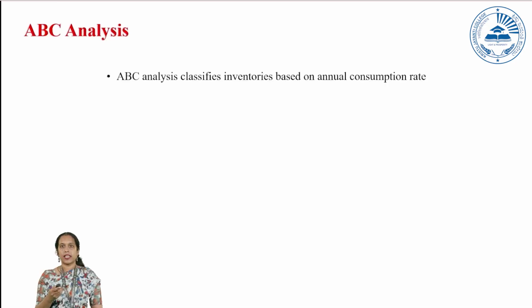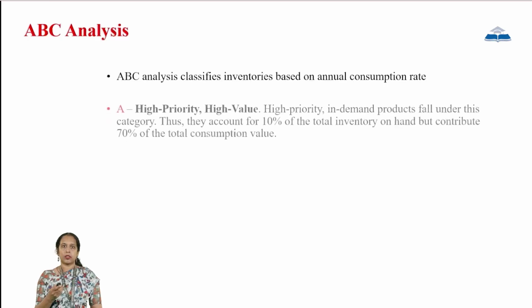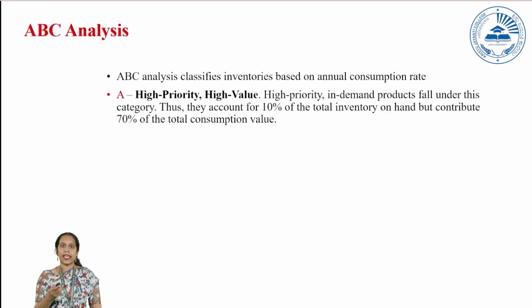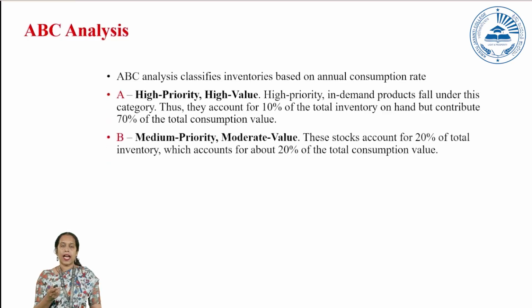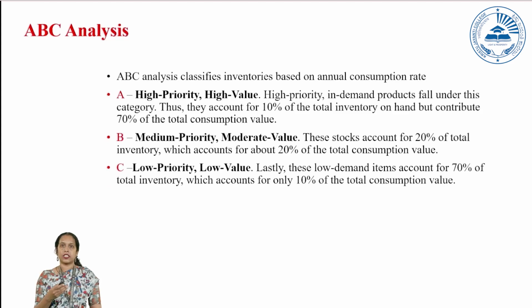ABC analysis is classified based on the annual consumption rate. So here there are A, B and C items. When they get the inventory, they categorize it into A items, B items and C items. The A item is the item which gives a high value for the company, and it is very important for the company.